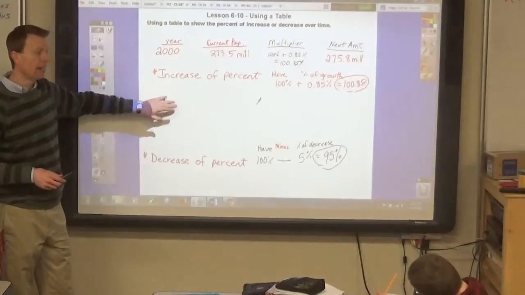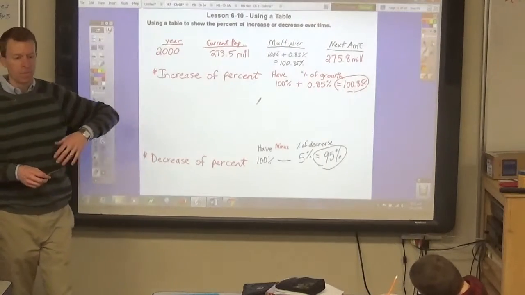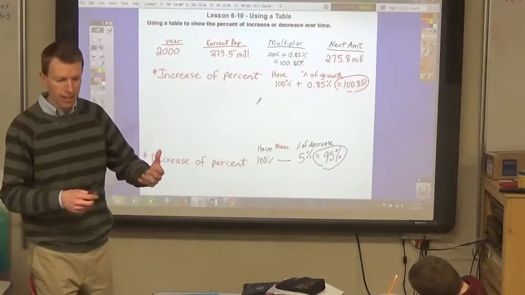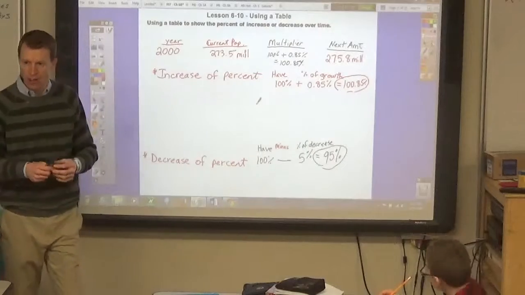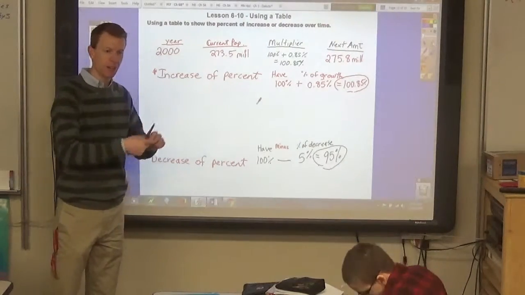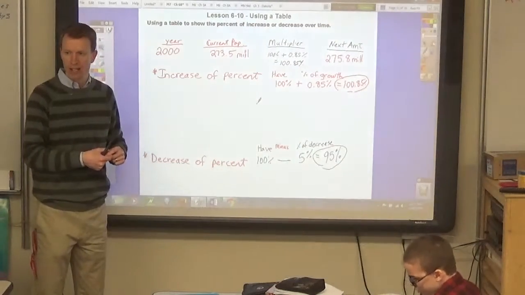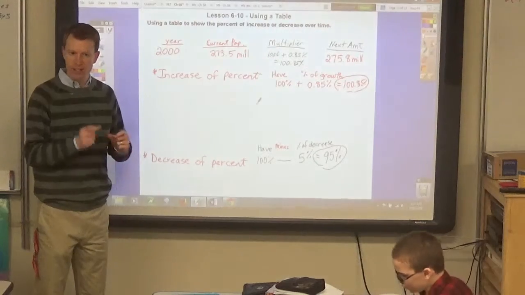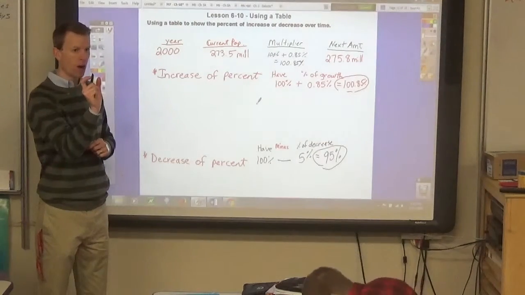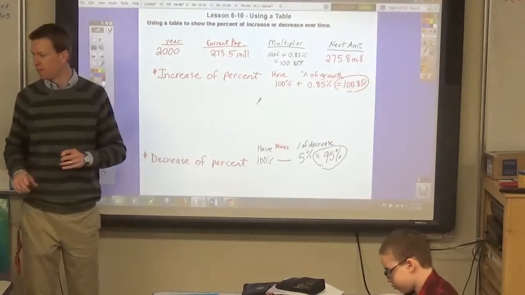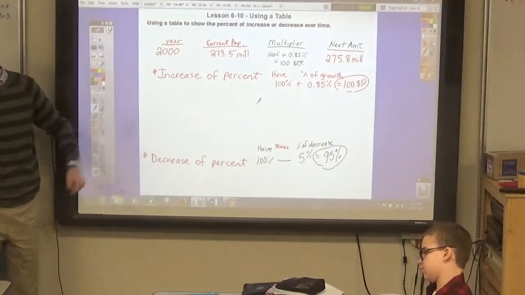You might have to pay interest on something if you get a loan. That little bit added to the amount you have to pay back is an interest rate. It's a small percentage of the amount that you borrowed. So that's how this is applied.